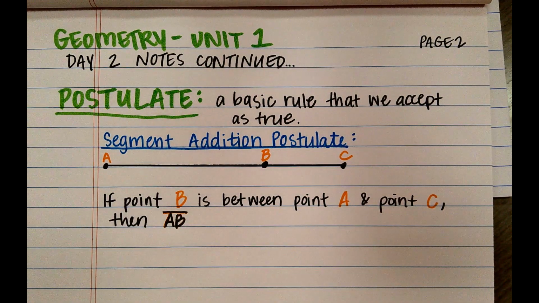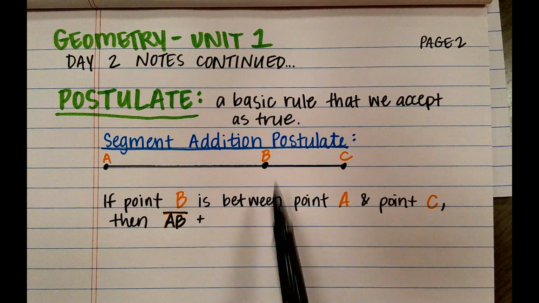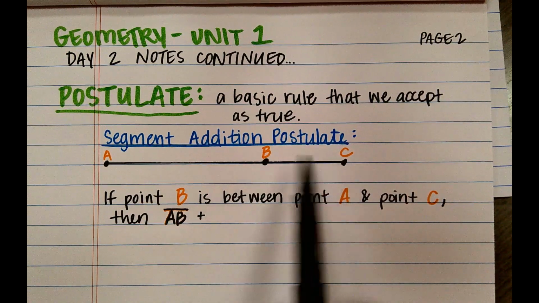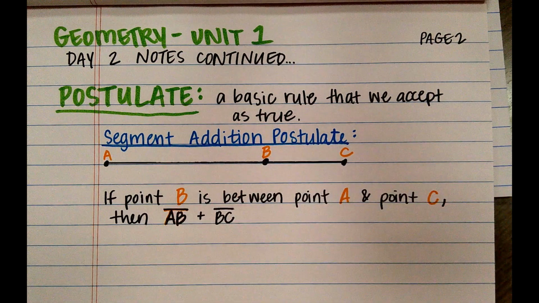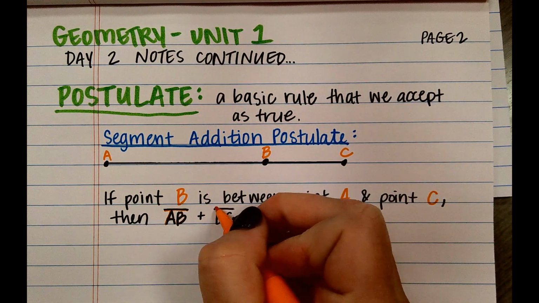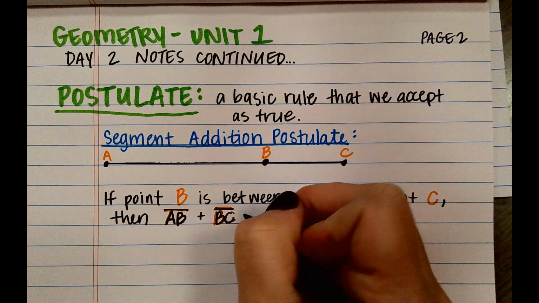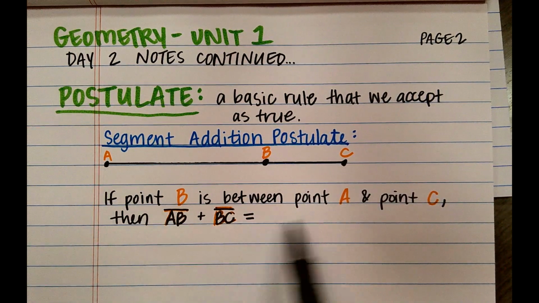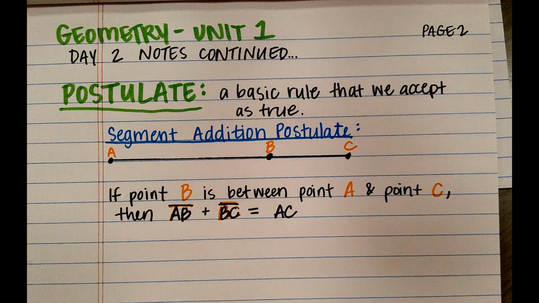AB plus BC, the line segment BC, with a line over it, equals A to C. So A, C, exactly, with a line over it.